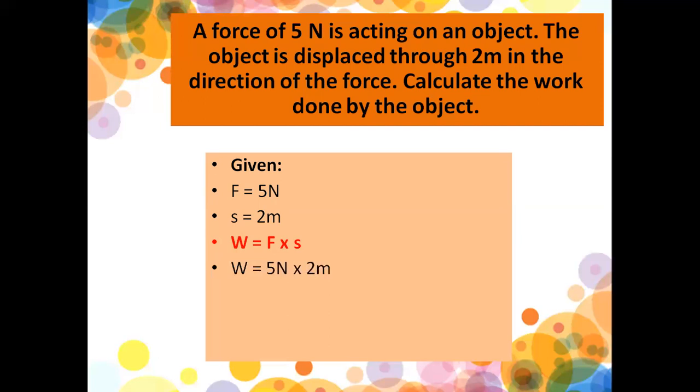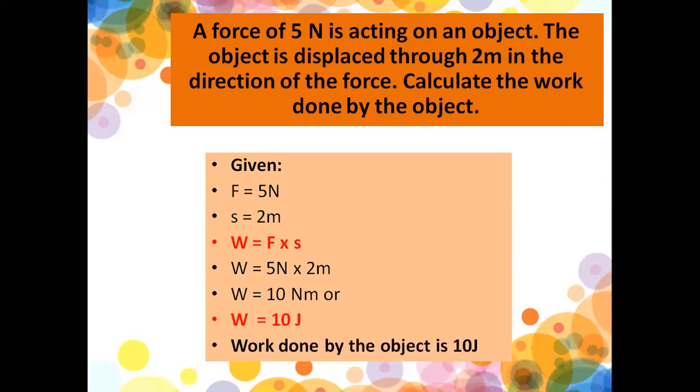We know 5 multiplied by 2 will give me 10 and N multiplied by m will give me Nm. Now we had learned that if we have Newton meter, we can replace it with the symbol J, that is joules. So we can say that work done by the object is 10 joules.